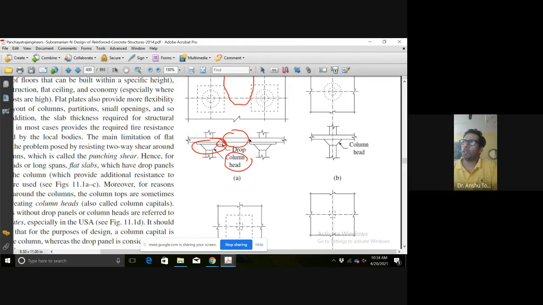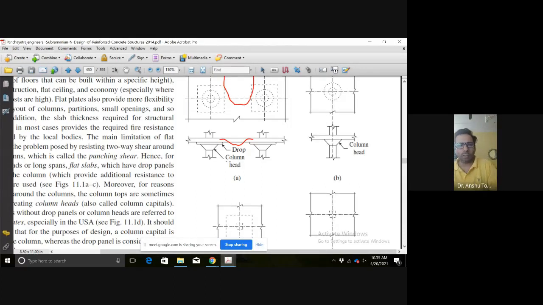Now, why I want to tell you this is, I will delete all these and explain one thing again: as you can see, the slab has very little thickness. And whatever load is coming onto the slab, by the flexural deformation of this slab, it is trying to transfer the load to the drop and column head.